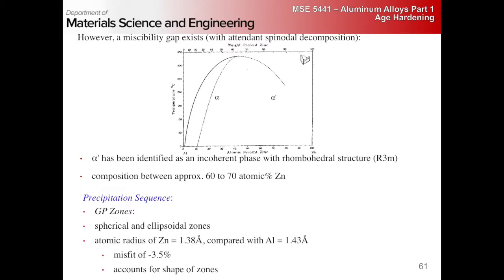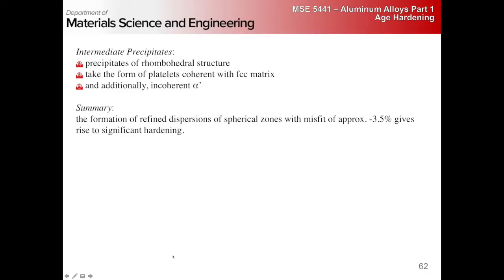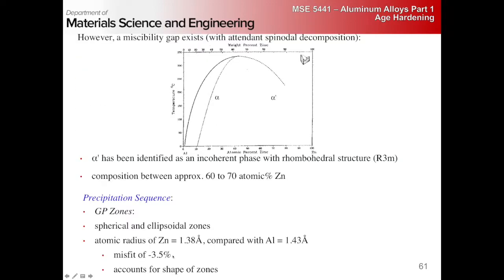Right, so we have to keep this in mind with aluminum zinc. But we have a precipitation sequence that starts with GP zones. In this case, the GP zones tend to be spherical and ellipsoidal. So we have a misfit strain of only about 3.5%.